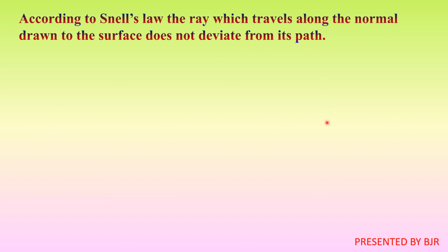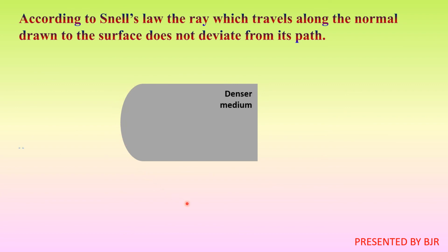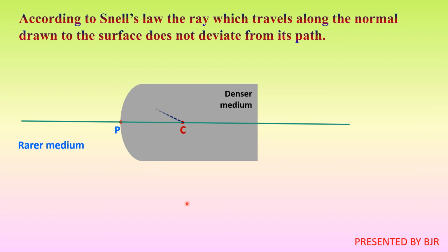See here, this is one curved surface, denser medium, rarer medium, P is its pole and C is the center of curvature. This one is the principal axis. Okay, here is the normal I have drawn. This is the normal. Suppose a ray of light is traveling along the normal like this.